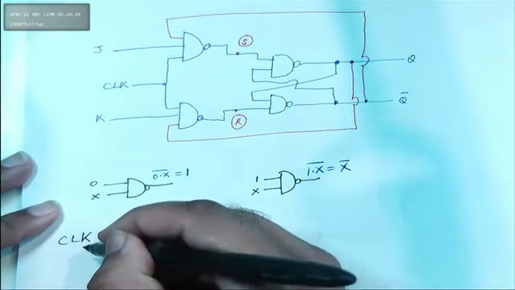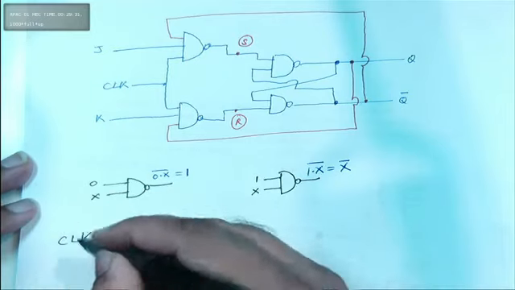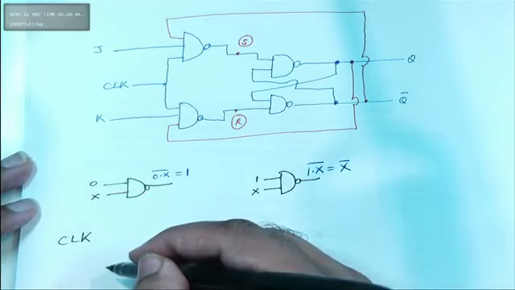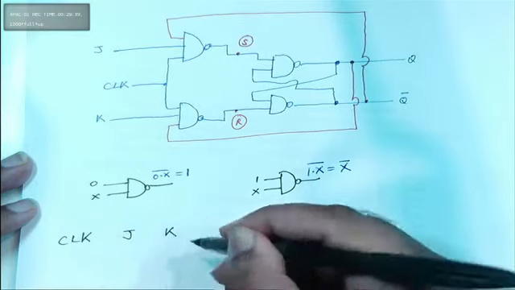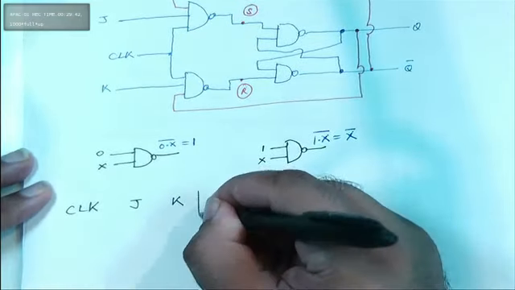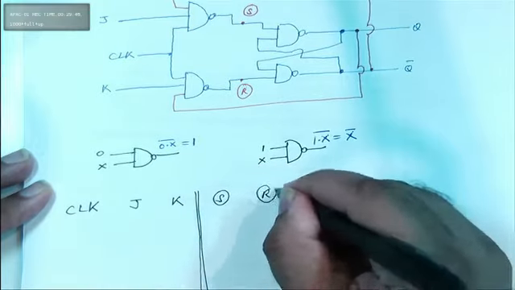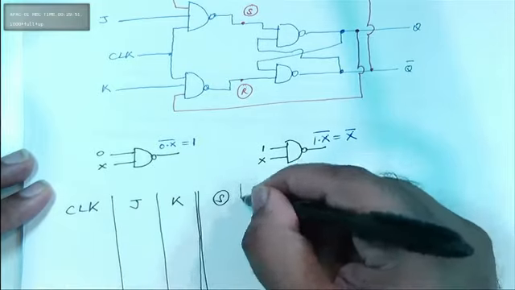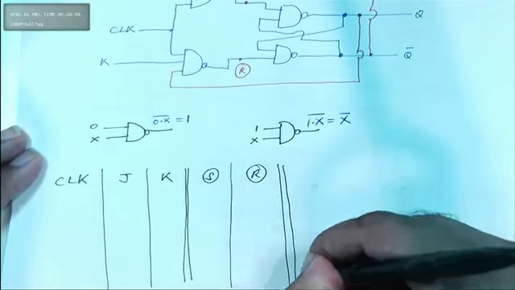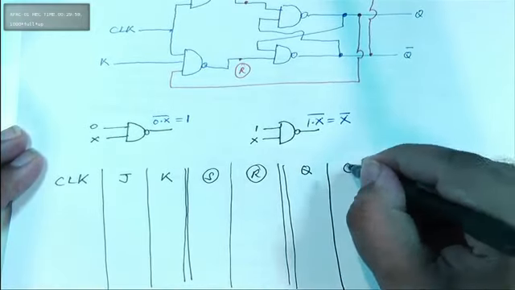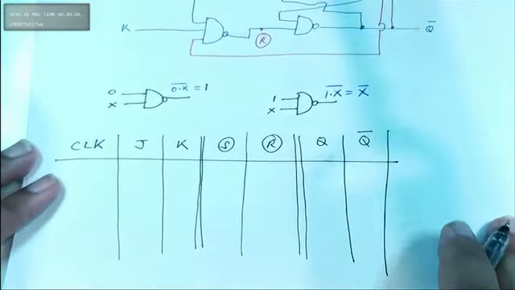Your inputs are clock, J, K, then S circle, R circle, Q, Q bar. All right, good.